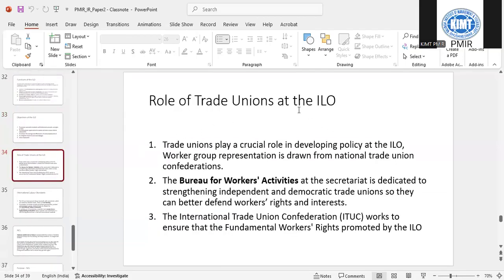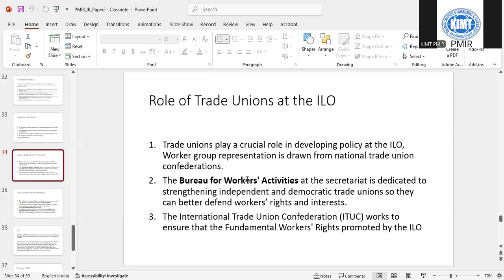Role of trade union at ILO. What trade union does in ILO? Trade union plays a crucial role in developing policies at the ILO. Workers group representation is drawn from the National Trade Union Confederation.